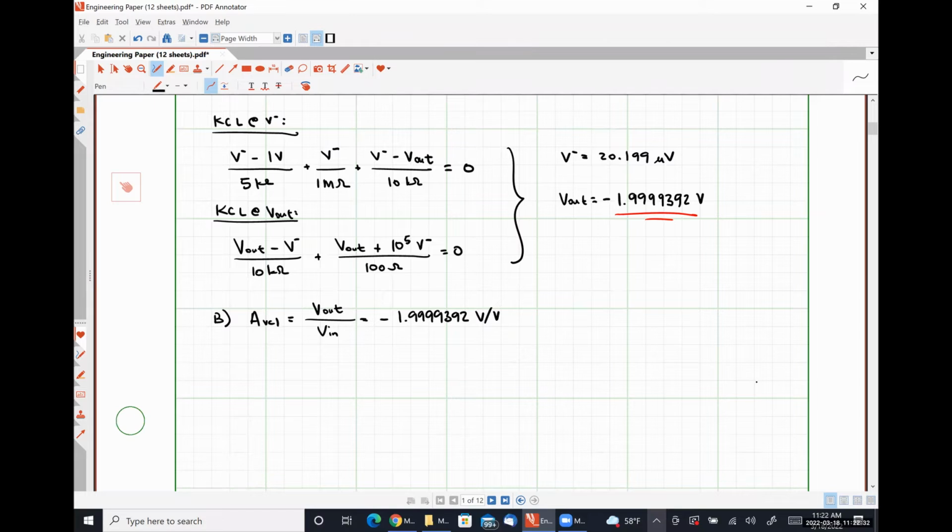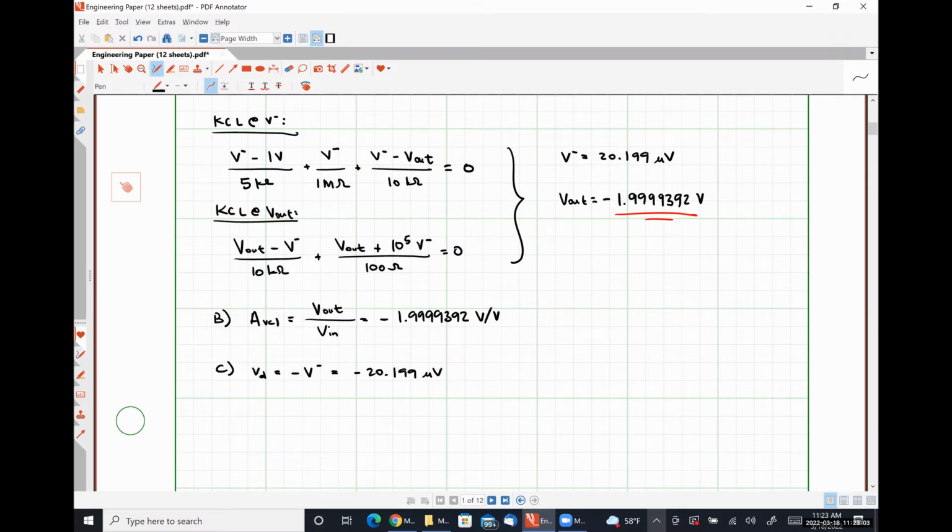Our differential voltage, VD, is negative V minus, or negative 20.199 microvolts.